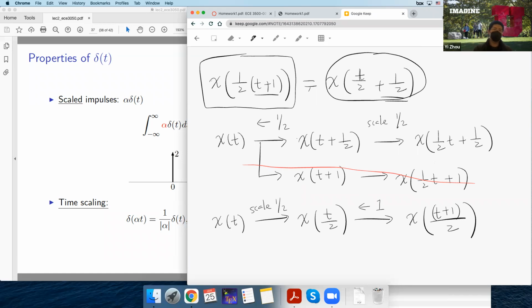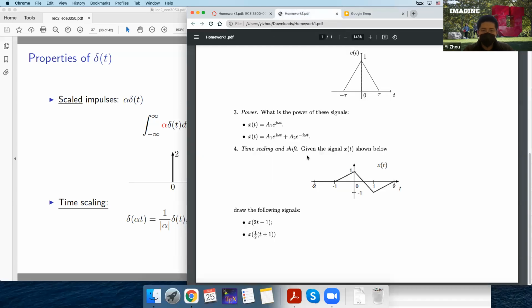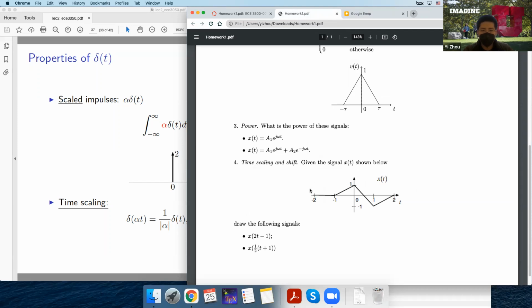So this is homework 1. And then you can sketch the signal after you do the scaling and shifting.